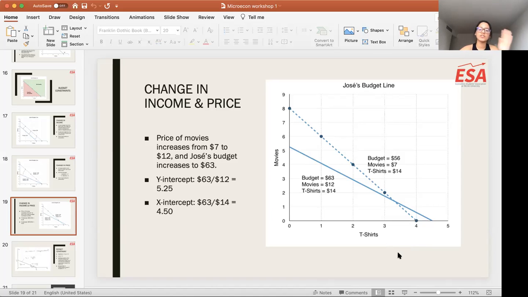So he's losing some with the movies, but he's gaining some with the t-shirts, because now if he spends all of his money on t-shirts, he can buy 4.5, which I know doesn't actually make sense for t-shirts, but it could make sense for other goods. He can afford half of a t-shirt more, if that makes any sense.